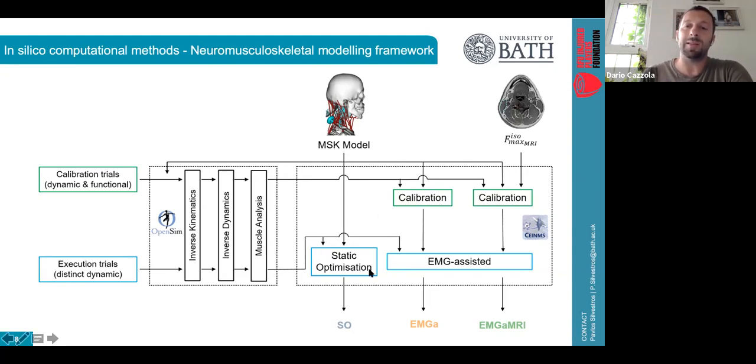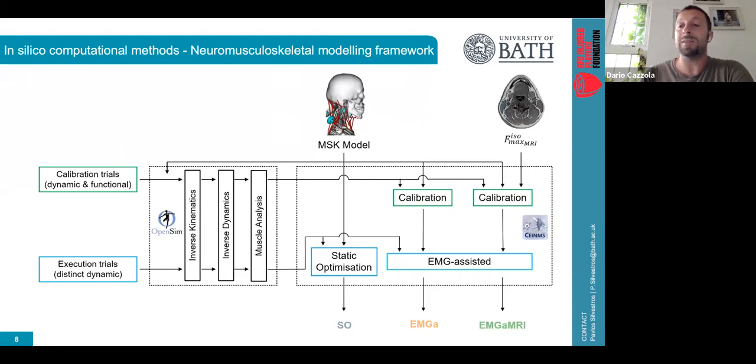Using a static optimization approach, where the muscle activations are estimated using a priori function, which in this case was a minimization of the squared activations, while the EMG-assisted approach is mainly based on tracking some experimental data, in this case EMGs.